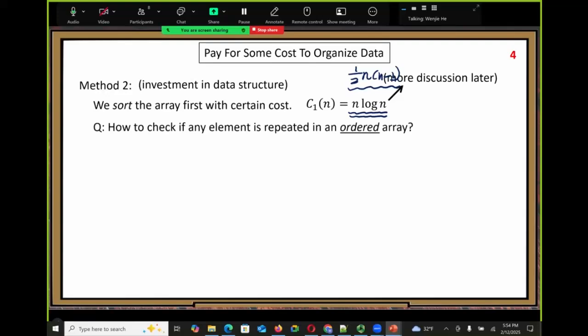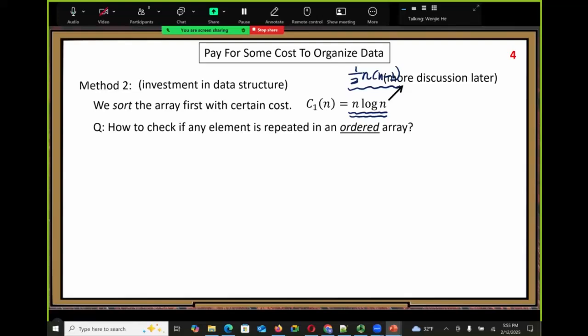After this sorting step, the preparation step, you can assume the data is ordered. If the data is ordered, the next question: how to check if any element is repeated in an ordered array?